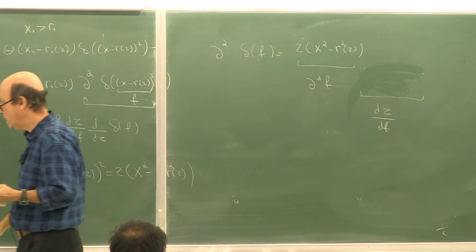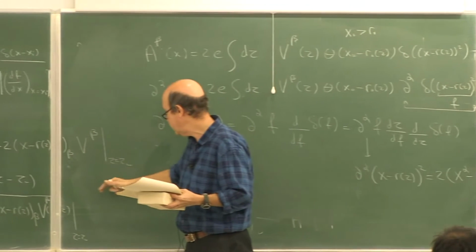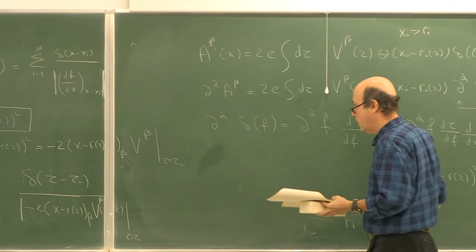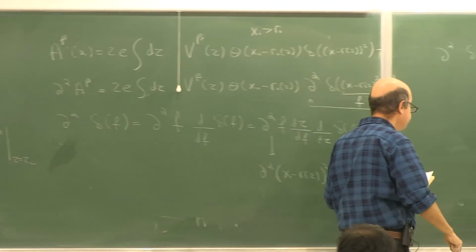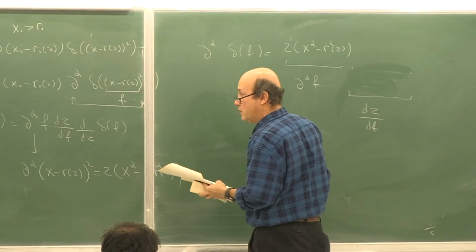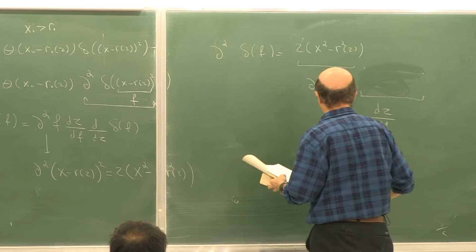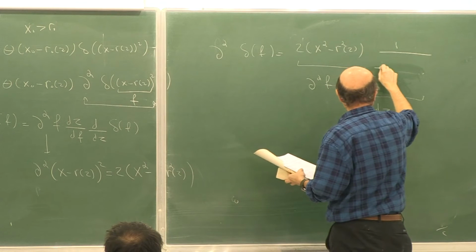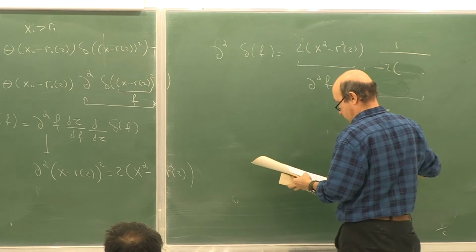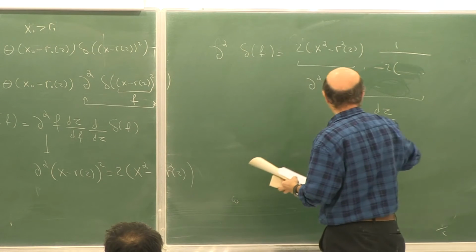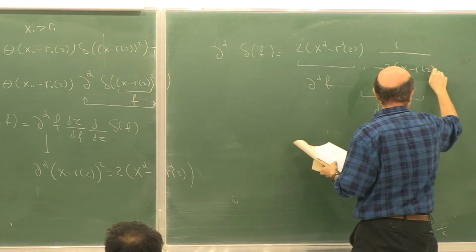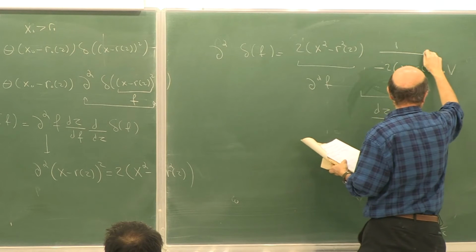So d tau over df is the inverse of this, but in general not evaluated at tau equal to tau 0. That is equal to what? So the inverse of this is equal to 1 over minus 2 times x minus r of tau scalar product with v.